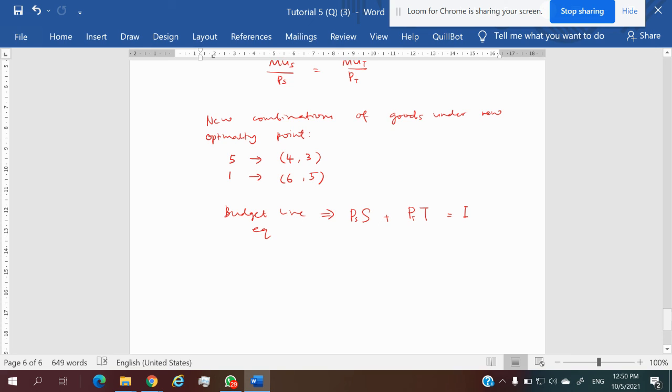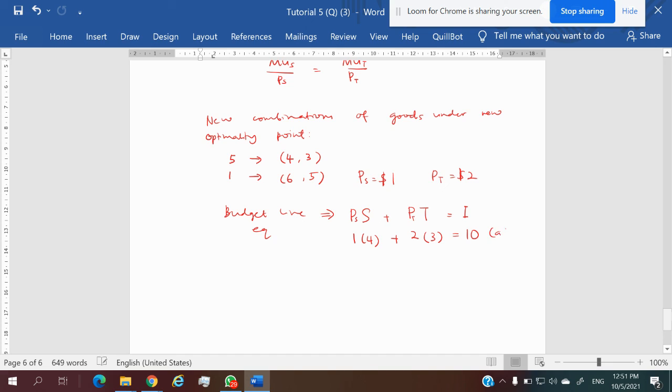So let's say we use the first combination. 1 times 4 plus, this is the new price, PS is equal to 1, PT is still equal to 2, so 2 times 3. So this is 4, this is 6, so this is equal to 10.